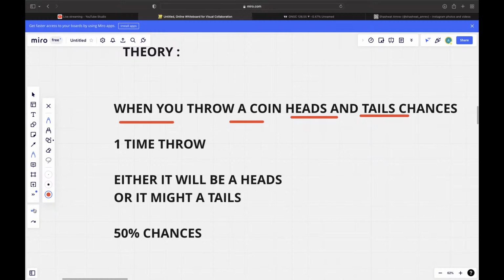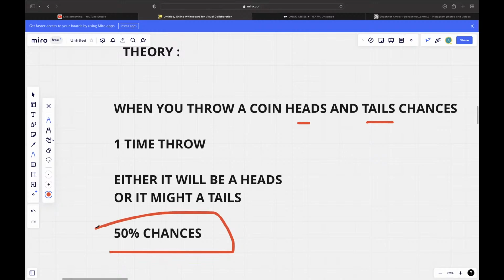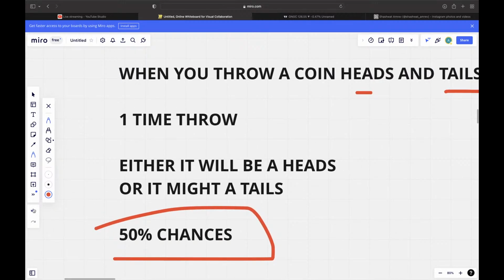In very simple words guys, when you throw a coin, what are the chances that it is a head or a tail? 50-50, right? The chances are 50-50.